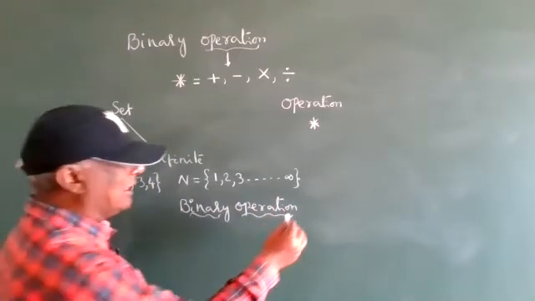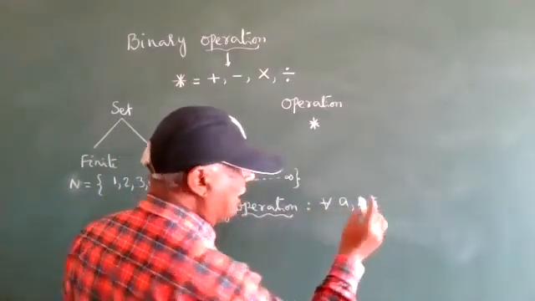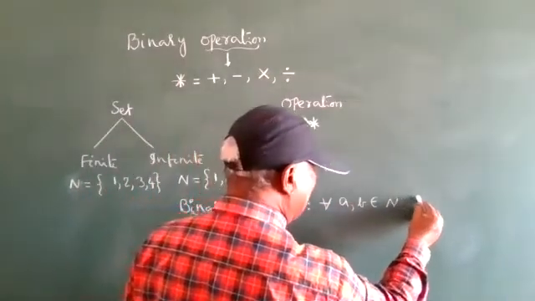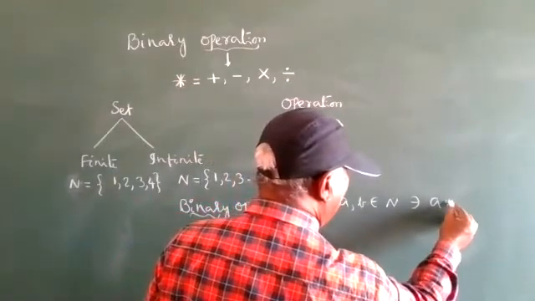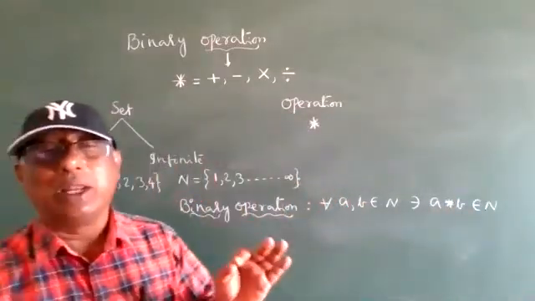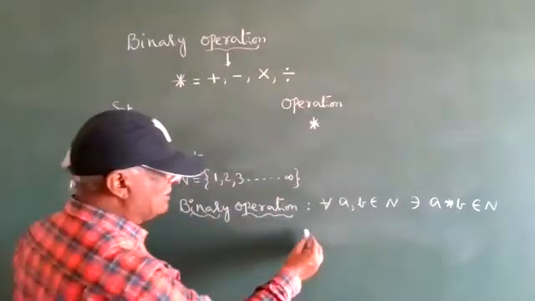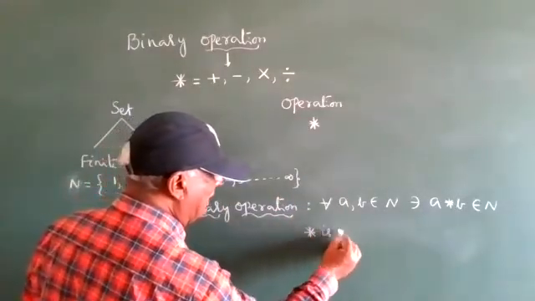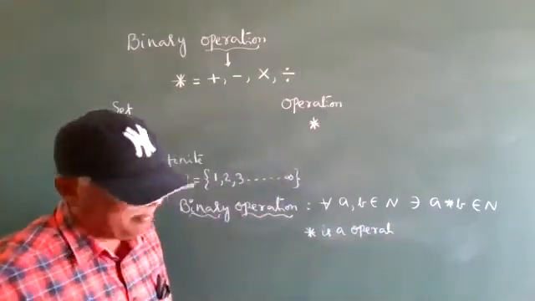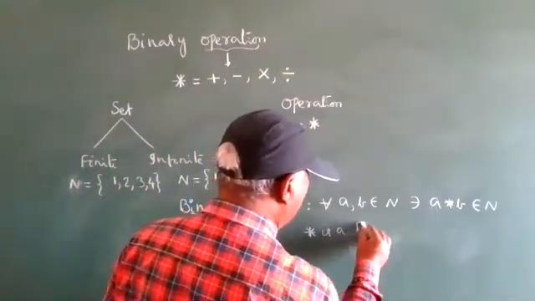For all two elements A and B belonging to the same set, the natural numbers, such that A binary operation B, its value also belongs to the same set, then only is star called a binary operation. Then star follows the binary operation.